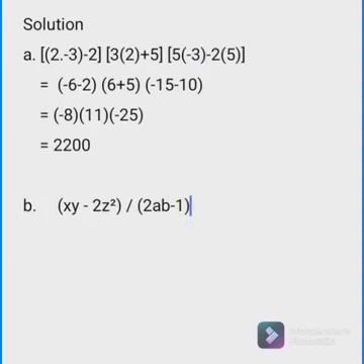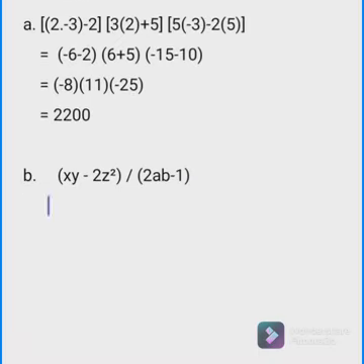So for our second problem, we'll substitute the values of x, y, and z into the above as shown, divided by the values of a and b in the denominator.